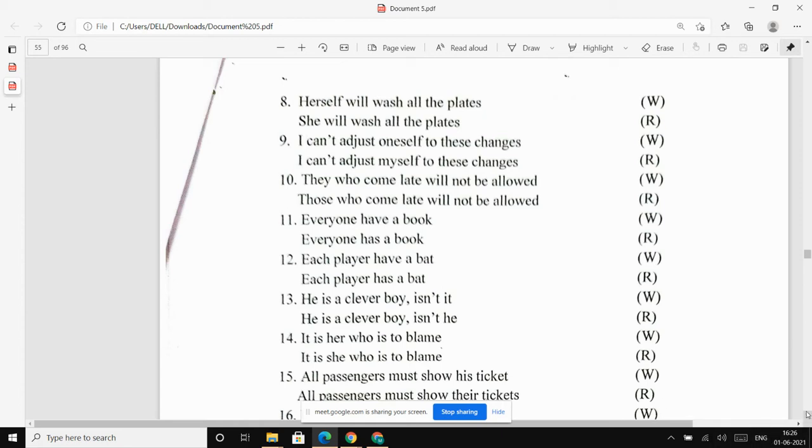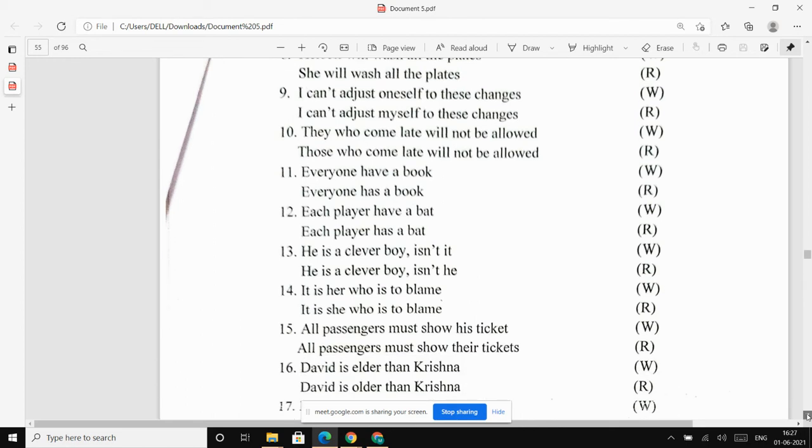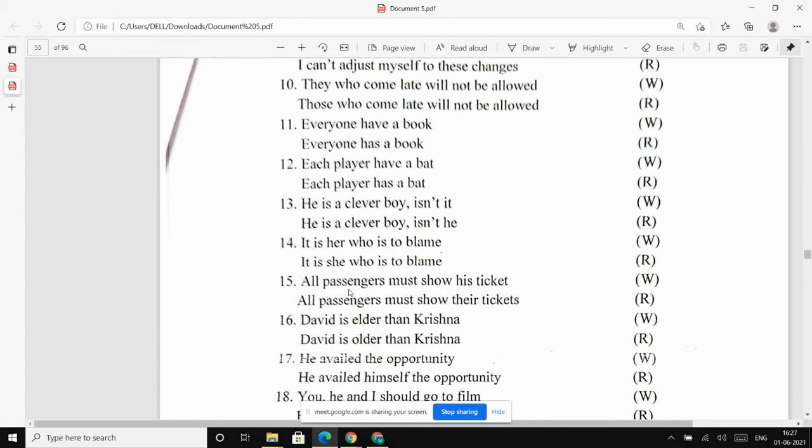So like that you have to observe where the correction is. And then all passengers must show his ticket. See here, all passengers tells that there are many and it is plural. So all passengers must show their tickets is the right sentence, plural pronoun. Then David is elder than Krishna.